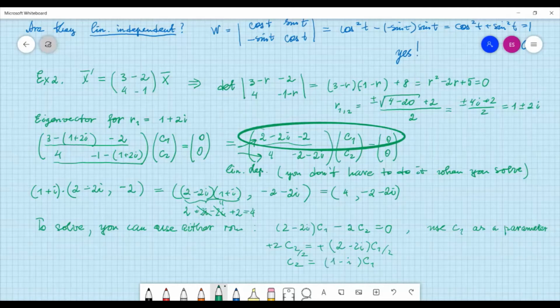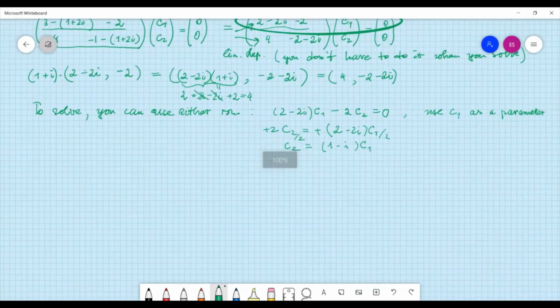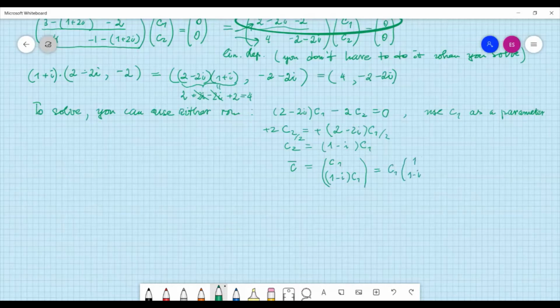Okay, now I'm going to create my vector. Let me scroll it up a little bit. So I'm going to create my vector. Vector C is going to be C1, 1 minus i, C1. What is the next step? To take C1 outside and have it 1, 1 minus i.